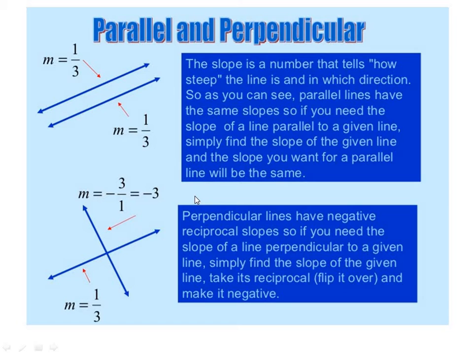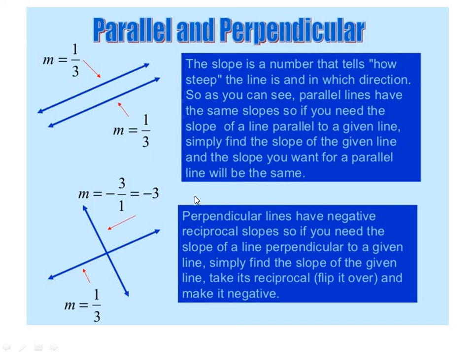What's the relationship between them? As we have said, if two lines are parallel, their slopes are the same. They are equal slopes. While if two lines are perpendicular, if I get one of their slopes, the other one will be the negative reciprocal of the first slope. You find the reciprocal, then you multiply it by a negative sign.